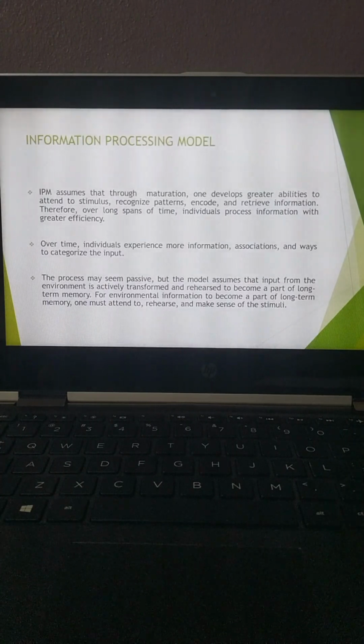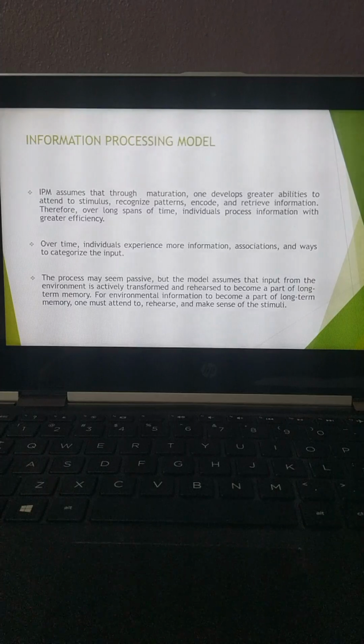So the IPM assumes that as an individual develops and grows, one is able to process information better. One is able to make meaning of the stimulus they get from the environment, to process information, to store information, and to retrieve information better.